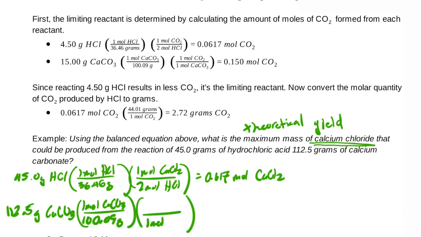And if I do the stoichiometry for every 1 mole of calcium carbonate, I get out the other side 1 mole calcium chloride. Pardon me while I do some math on my calculator. And I get 1.124.